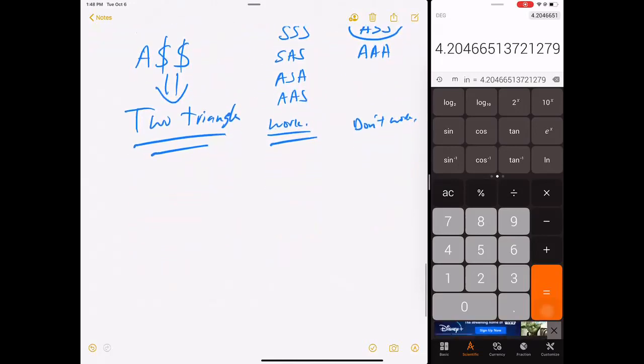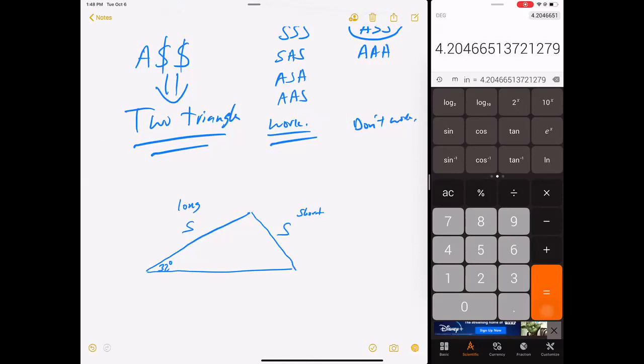And let me just draw that out for you right now. Angle, side, side. If I give you an angle that's say 32 degrees, and if I give you a side, side, so it's angle, long, short.